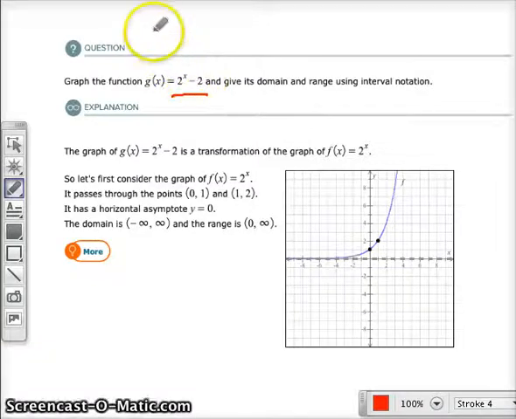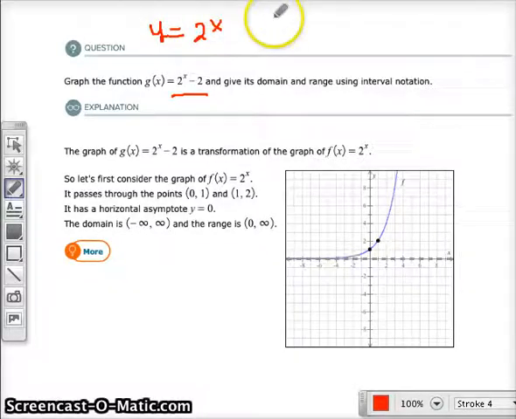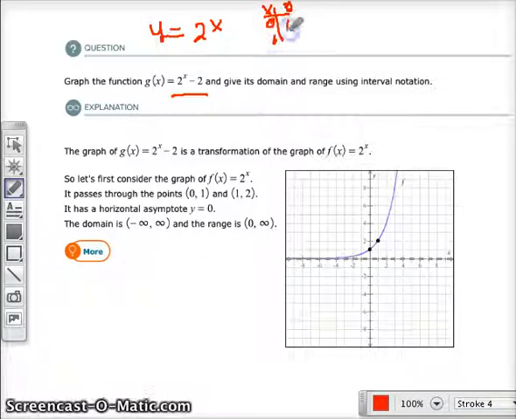Okay, now let's do this old school first. Y is equal to 2 to the x. Now we did that. We did the table of values, x and y, 0 and 1, 1 and 2. And we know that if we put that on the graph, it's going to be 0, 1, and 1, 2, just like you have, okay?